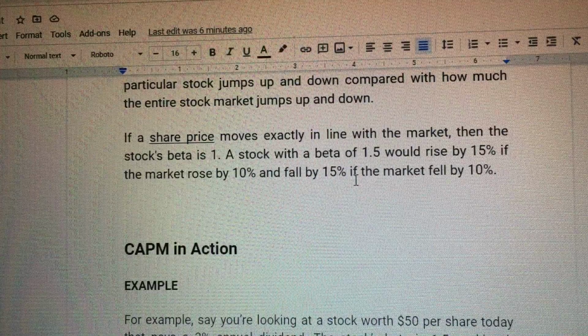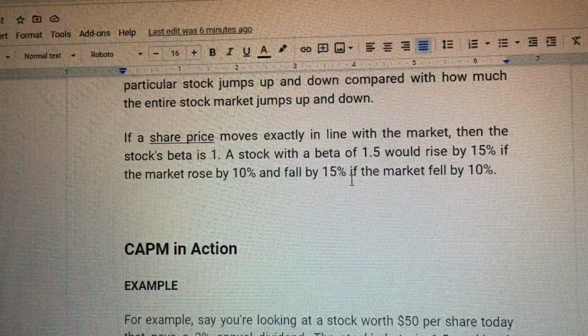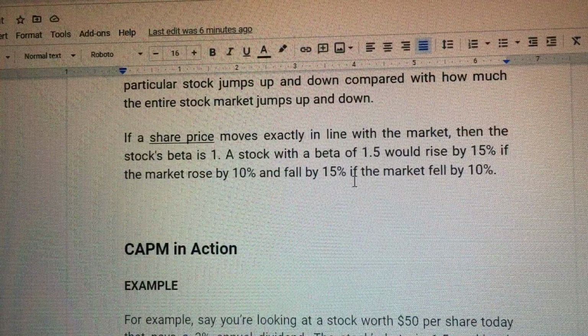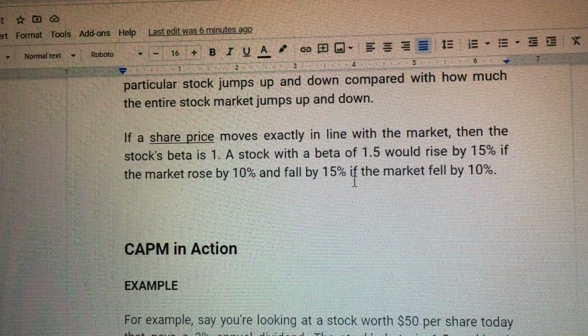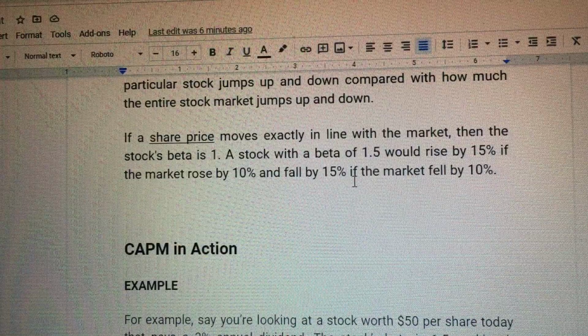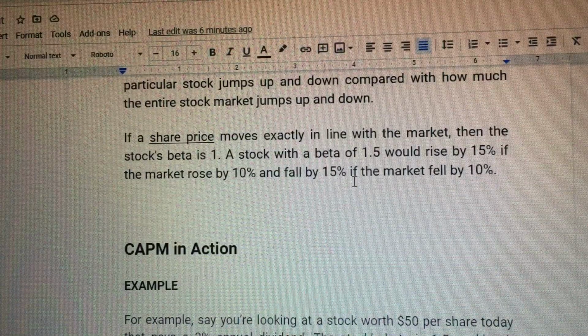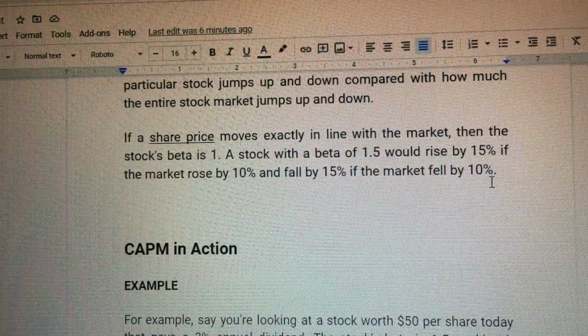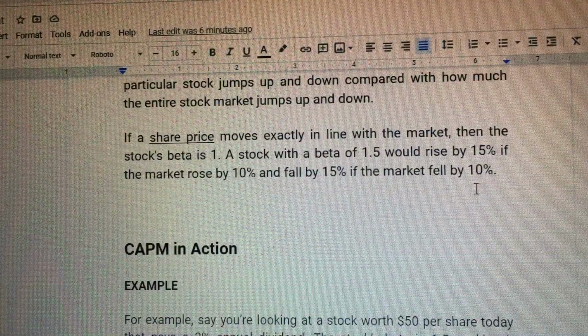mo ubos pod ang market price by 10%. So, baliktad ra siya.